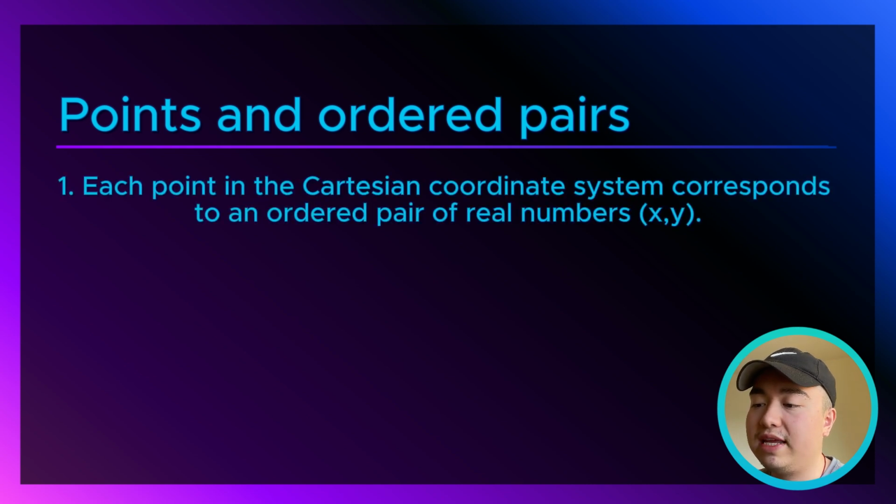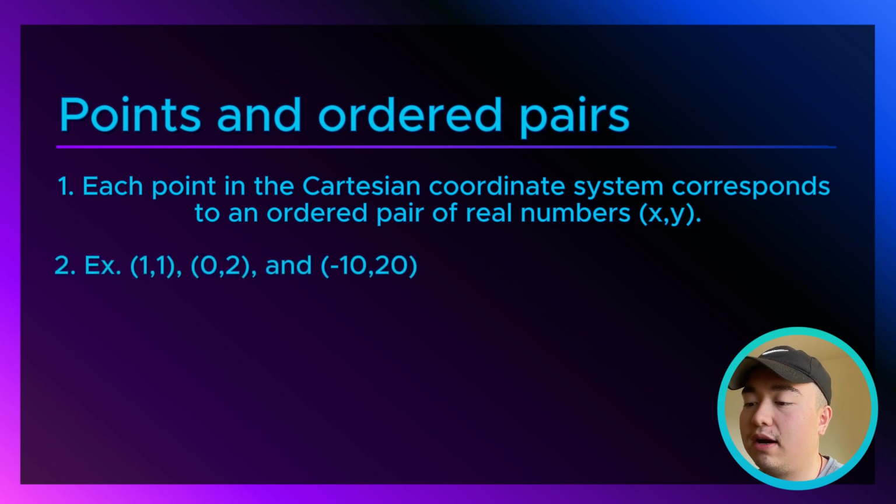Each point in the Cartesian coordinate system corresponds to an ordered pair of real numbers, (x, y). So for example, we have the points (1, 1), (0, 2), and (-10, 20).